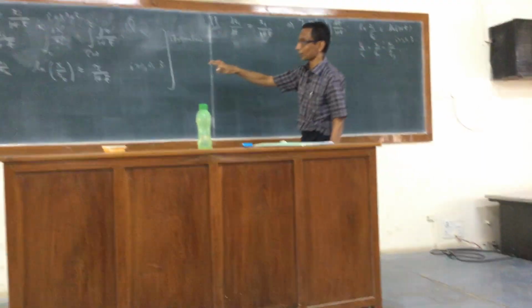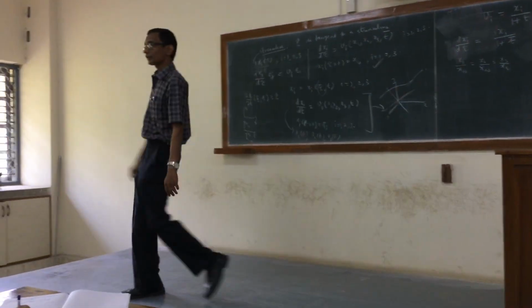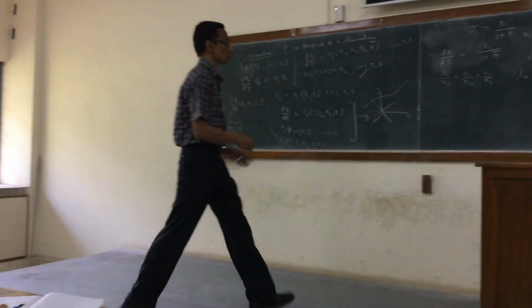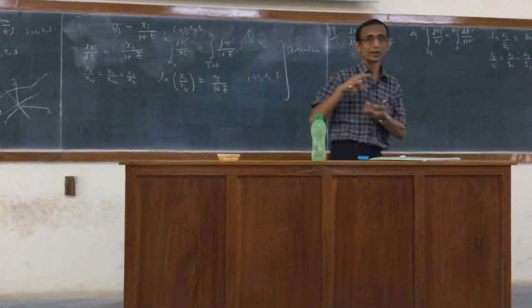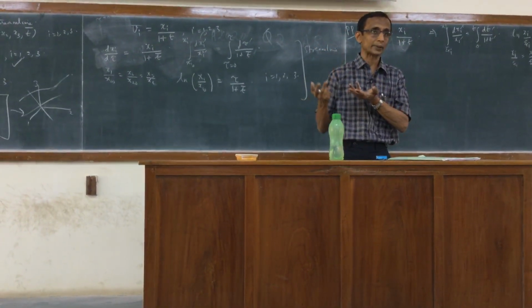It's exactly the same as this. Only the constants are different. What this means is that I can always choose my x1 naught, x2 naught, x3 naught to coincide with this, so that for every streamline I can identify the corresponding particle path.